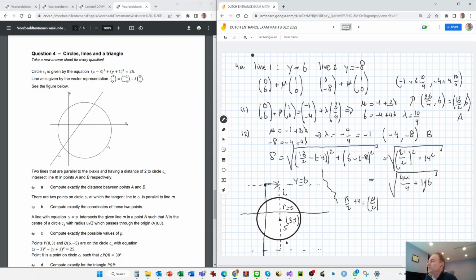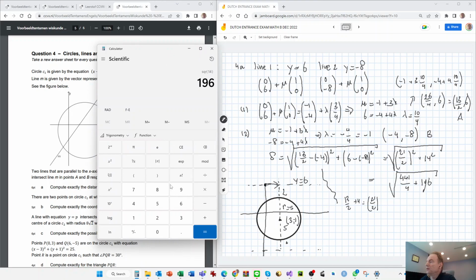Okay, so put this under the same denominator. It's 4 times 196 plus 441 is, I hope this goes well, divided by 4.